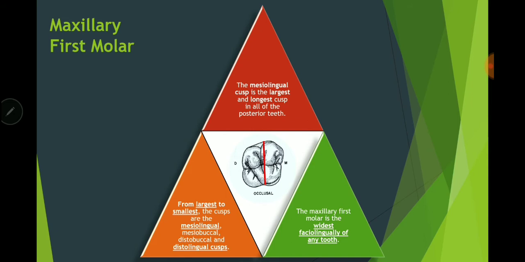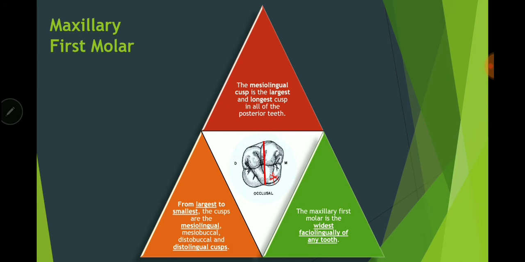All right. So the mesiolingual cusp of the maxillary first molar is the largest and longest cusp in all of the posterior teeth. Okay, this one.